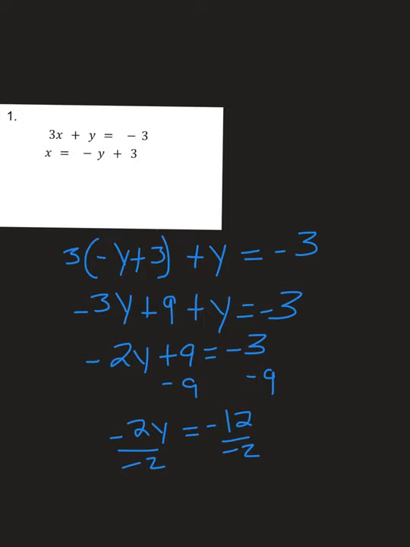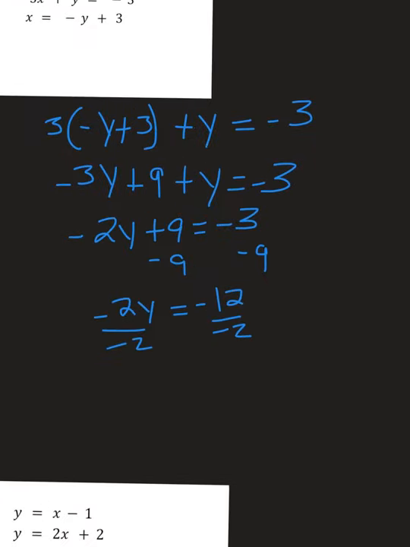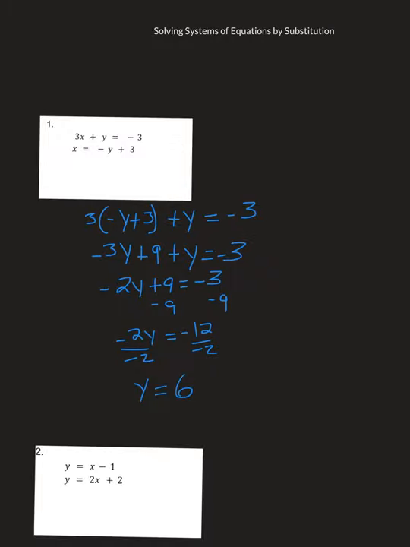And we are going to get y equals 6. So what we've just done is we've found y for both equations. And once we find y, we're going to have to plug in our answer for y so we can find x. So what that looks like is, we're going to switch colors.